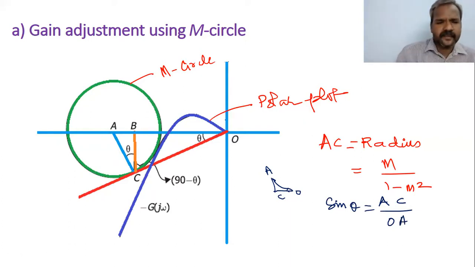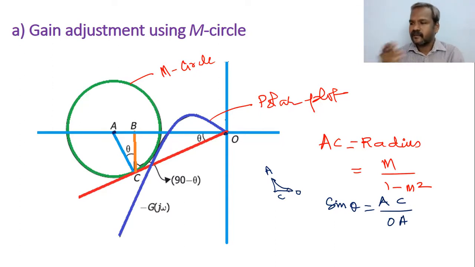So this is the M circle, and this is the radius of the circle. What is the center of the circle from the origin?